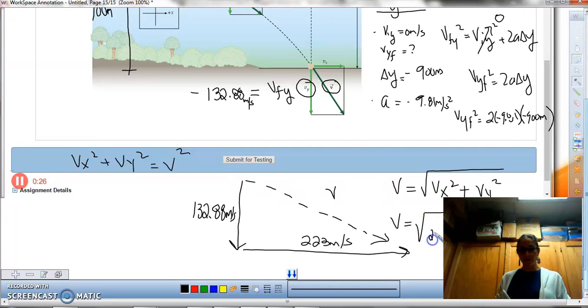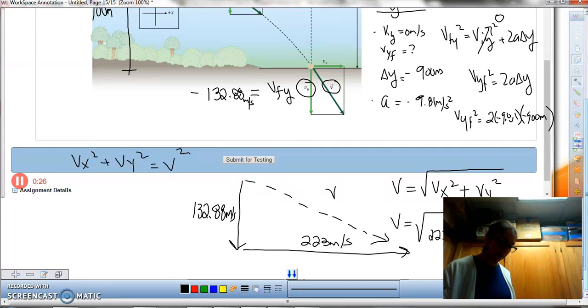So Vx is the 223 meters per second squared plus the Vy. Now you could put the negative in here, but I'm taking a shortcut because I know it's just going to go away because of the squared. So I just usually don't write it in for that reason. But I do acknowledge, and I will say it, that it is technically negative because it is moving downward.